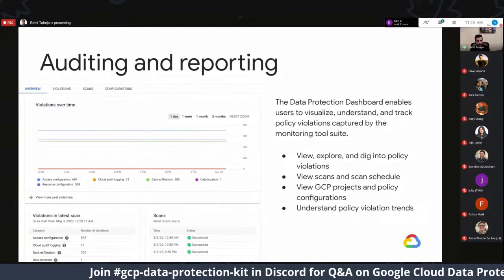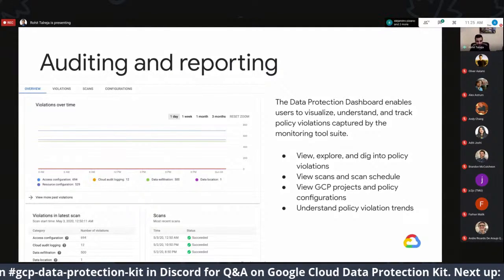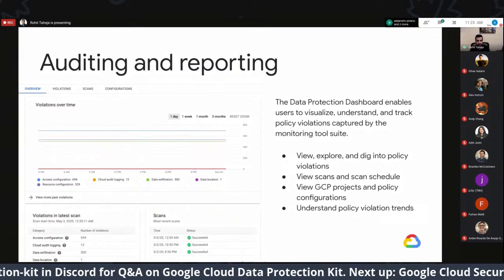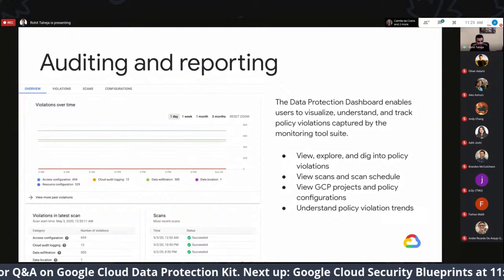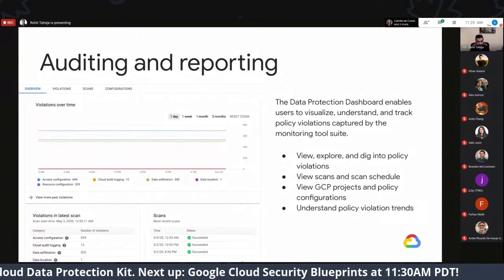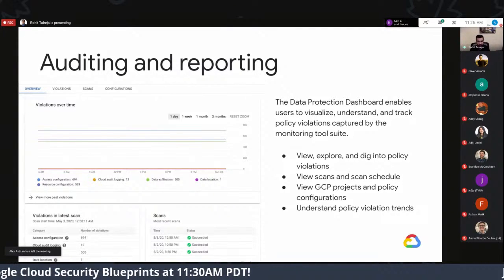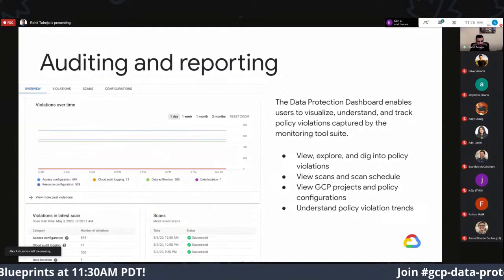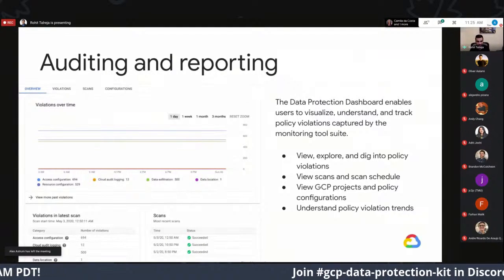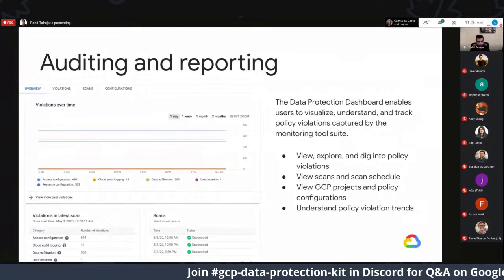What this does is put the governance lens on top of the workload. We have a workload running in our dev environment, our staging environment, or our prod environment, and we understand how it's supposed to be configured versus how it is being used.